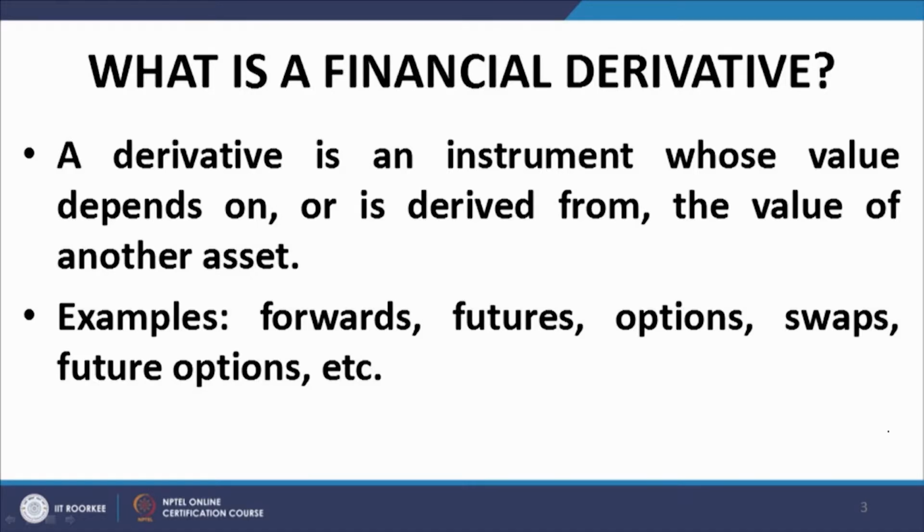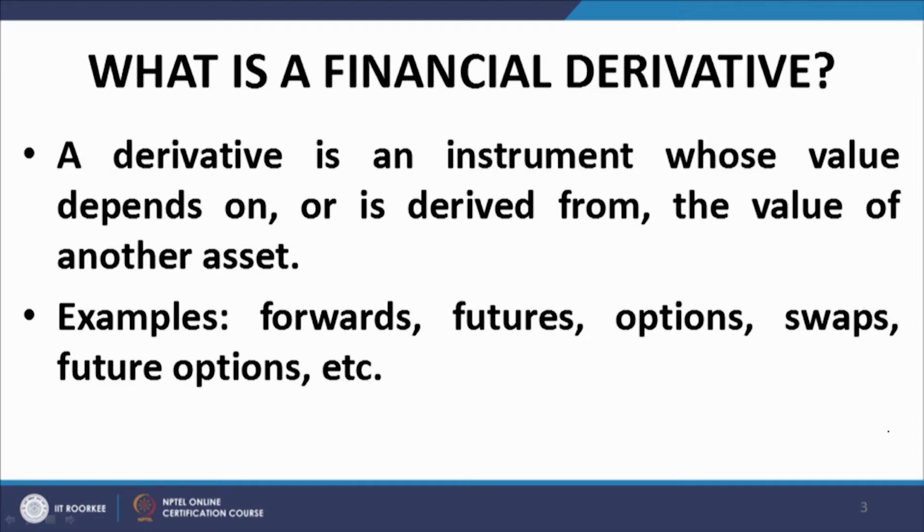So, let us start with defining a financial derivative. A financial derivative is an instrument whose value depends on or is derived from the value of another asset. For example, we have forwards, futures, options, swaps, futures options and so on.